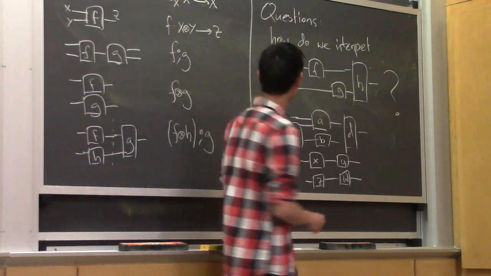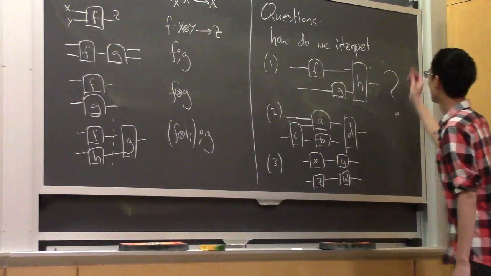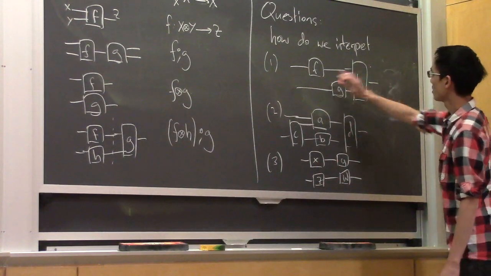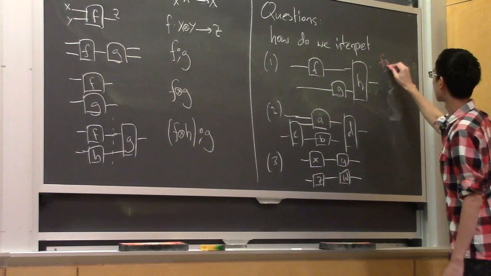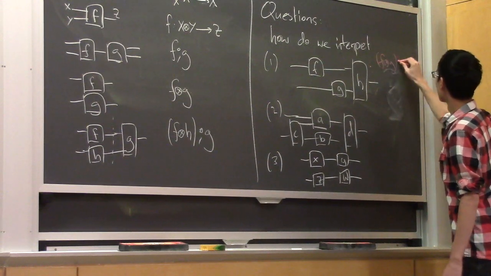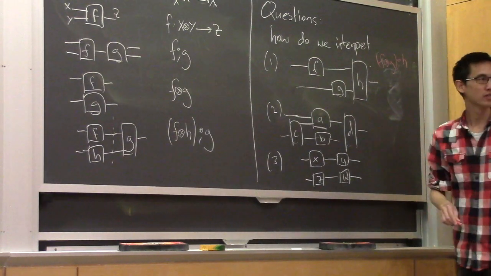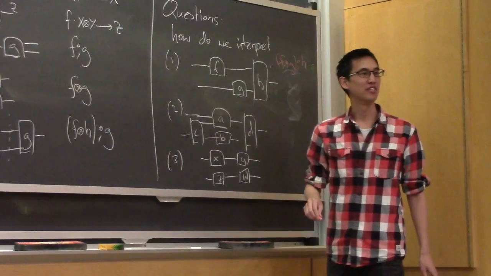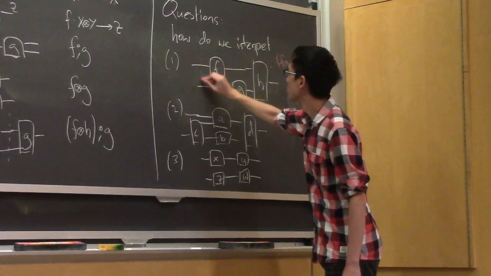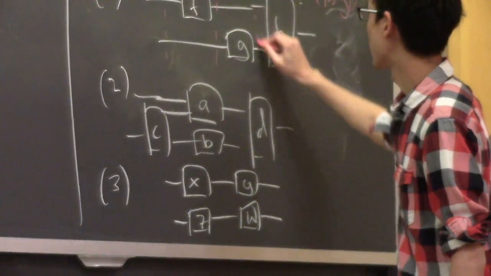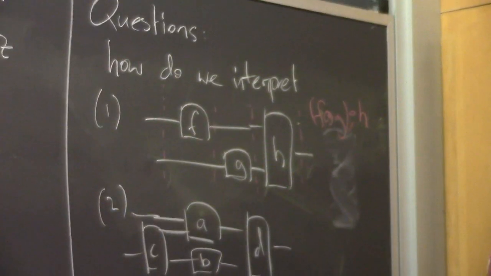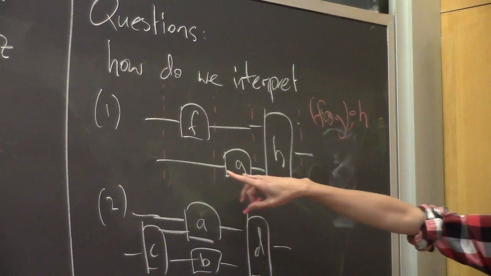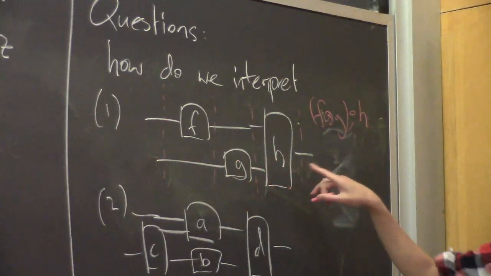Yes. That's one way of doing it. So this thing is F tensor G composed H. But there are other ways to do it, right? If you stuck to this method of figuring out where things happen, you might divide it up into 3 parts like this.